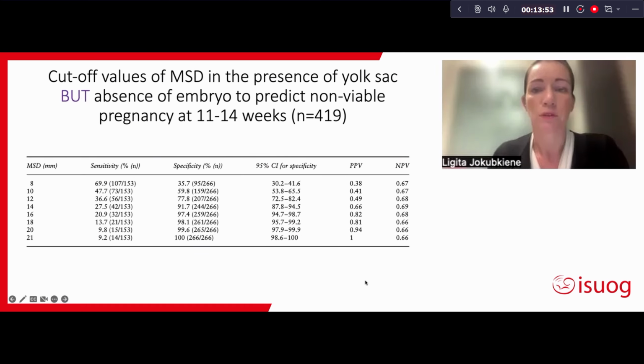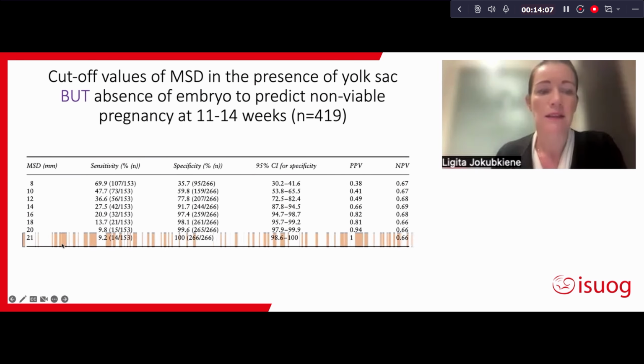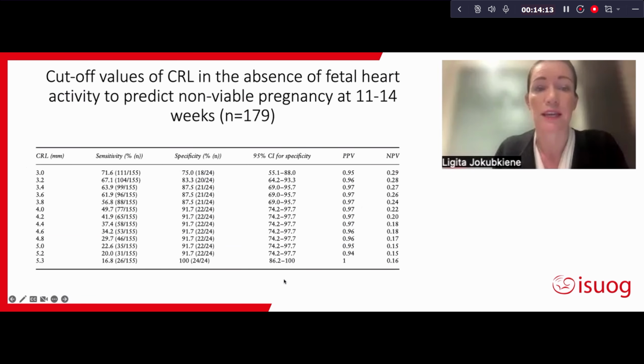And if looking at the pregnancies where there was a yolk sac but no embryo at the scan, to predict viability at week 11 to 14, again we can see that 100% specificity, no false positives, was reached at 21 millimeters of mean gestational sac.